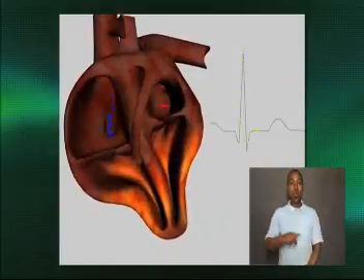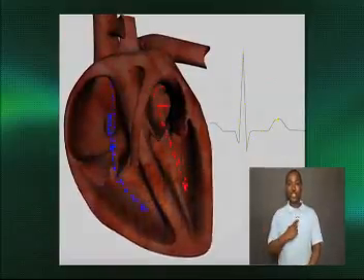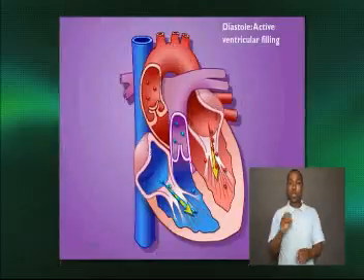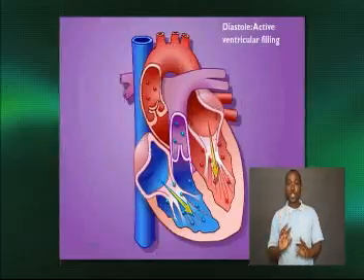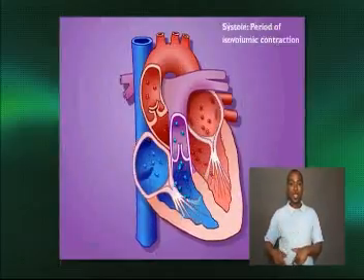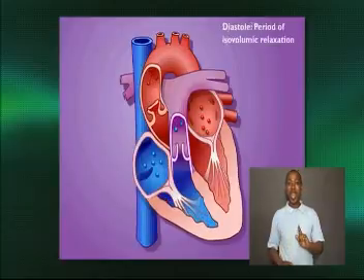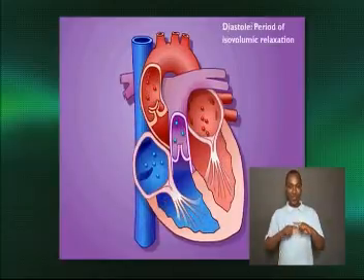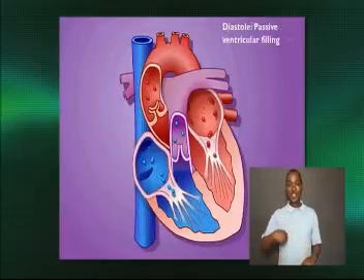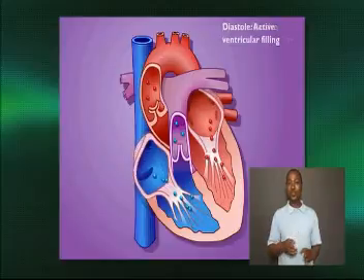Pulmonary circulation transports deoxygenated blood to the lungs and brings freshly oxygenated blood back to the left side of the heart. The coronary circulation permeates the heart muscle with blood.